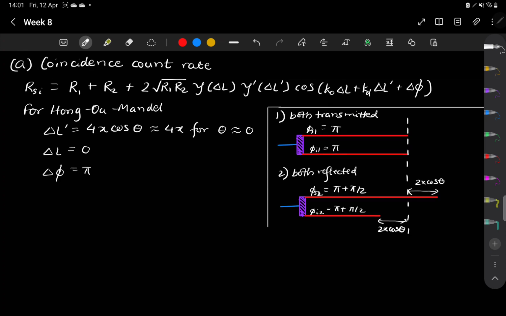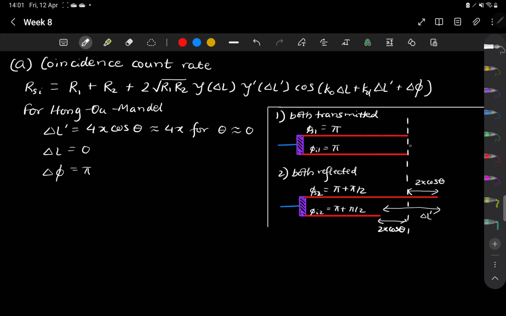and so from here you can clearly see that delta L prime, this total, is 4x cos theta.